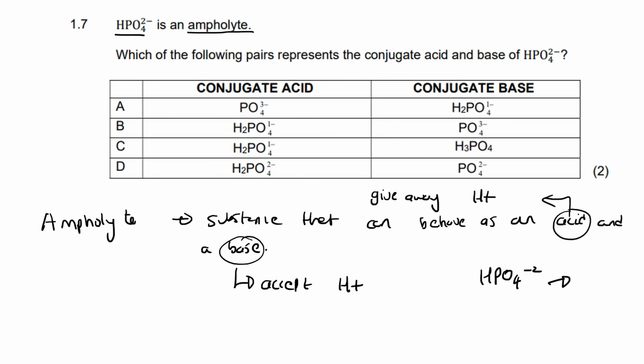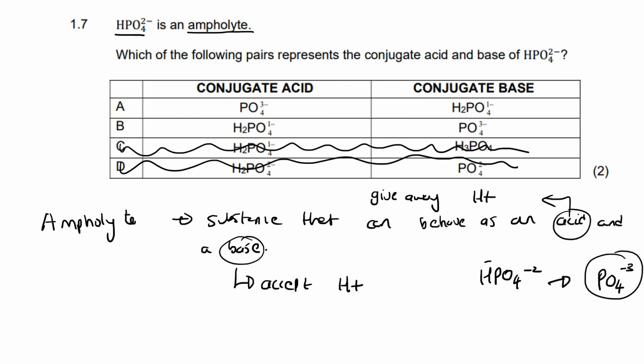There's no more hydrogen, so it just becomes PO4. If it was -2 and then it gave away a positive hydrogen, it's going to end up becoming even more negative, so PO4 with a -3. So the answer is definitely not going to be D, because there's none of that, and definitely not C, but it could be A or B.